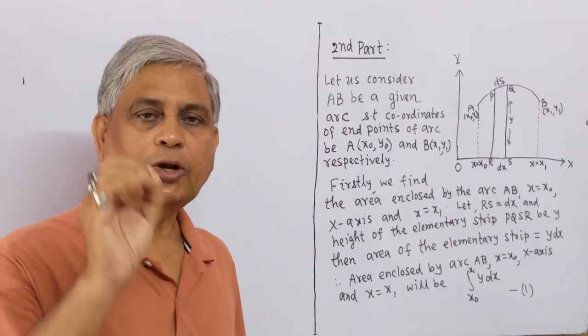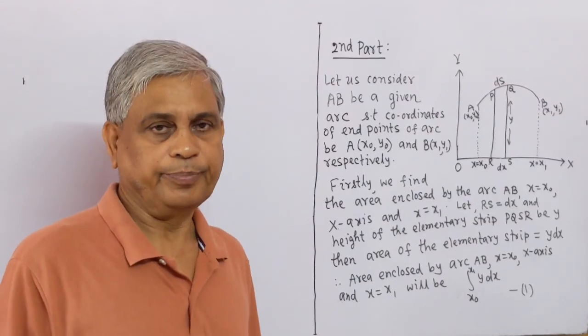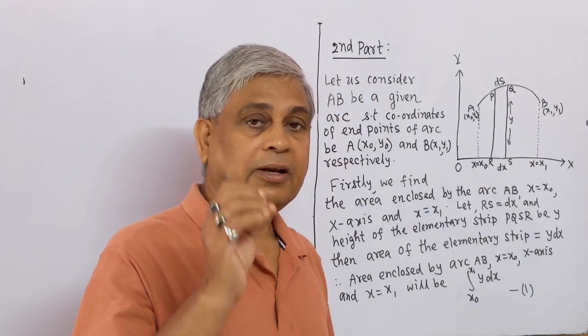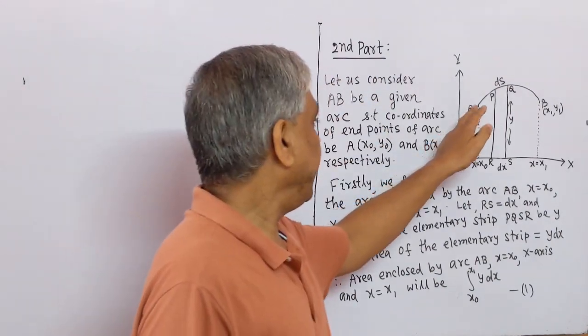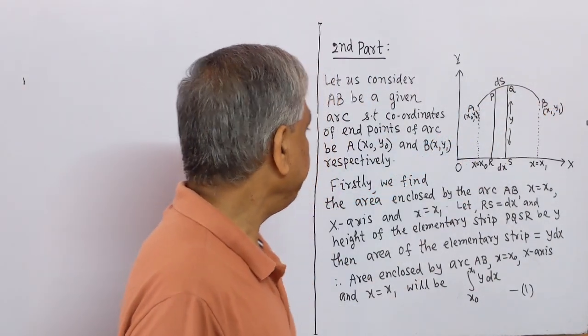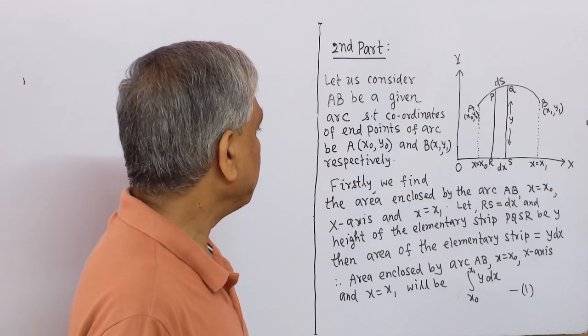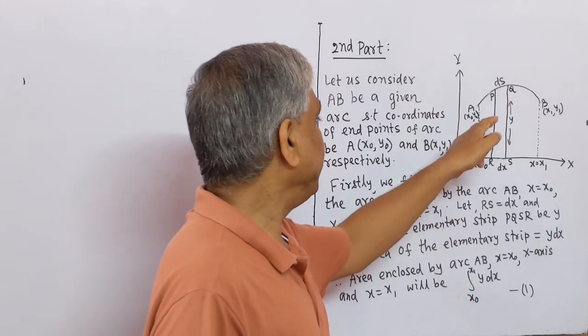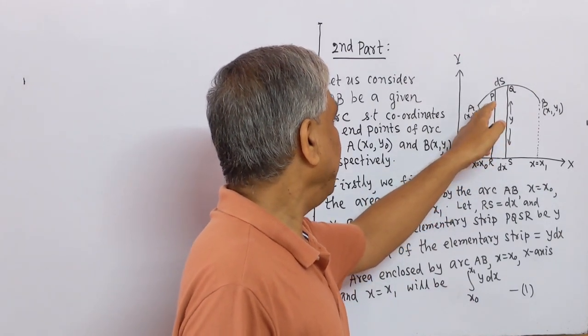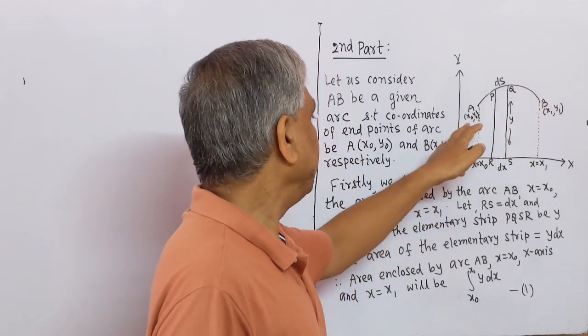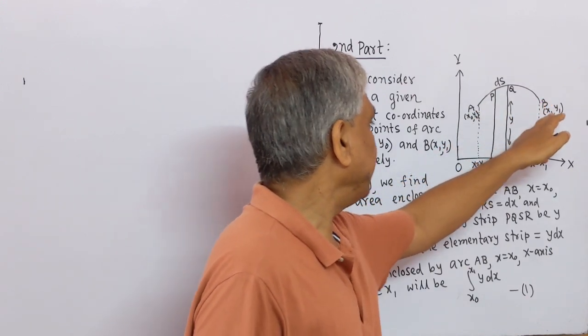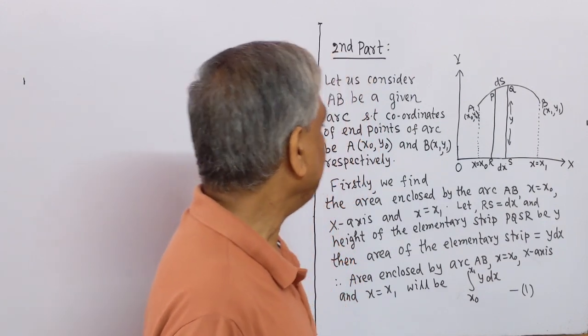Now we solve the second part of the problem. Second part, let us consider AB be a given curve such that coordinates of endpoints A and B be x0, y0 and x1, y1 respectively.